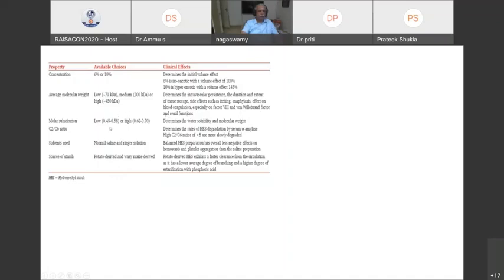Then the molar substitution is where they are all having carbon atoms, 6 positions, and where they are substituted, that is the C2 to C6 ratio, determines water solubility and molecular weight. So it determines the rate of degradation by serum alpha amylase. The higher the C2 to C6 ratio of more than 8, the more slowly it is degraded.